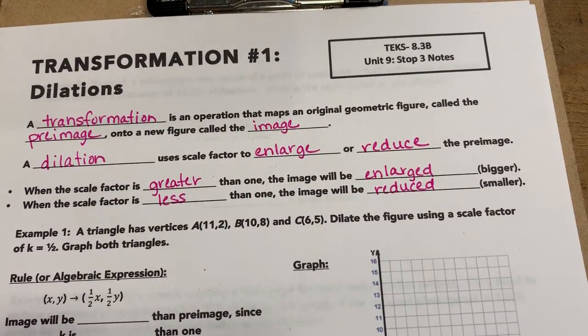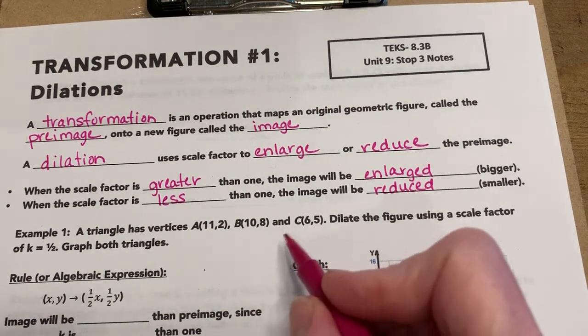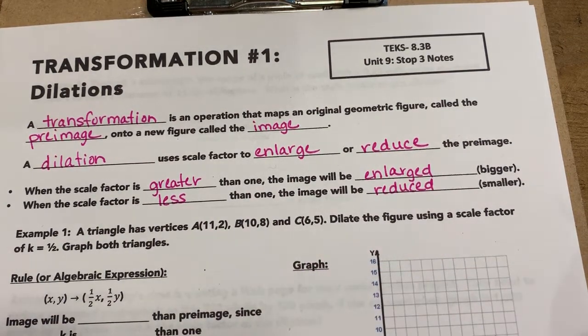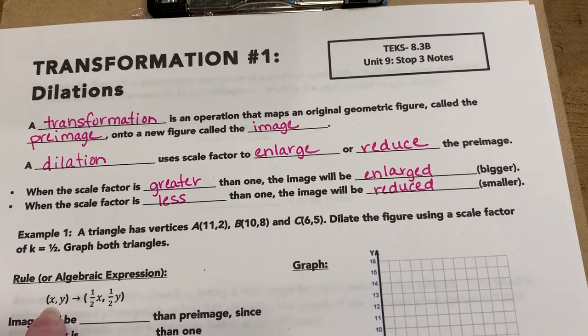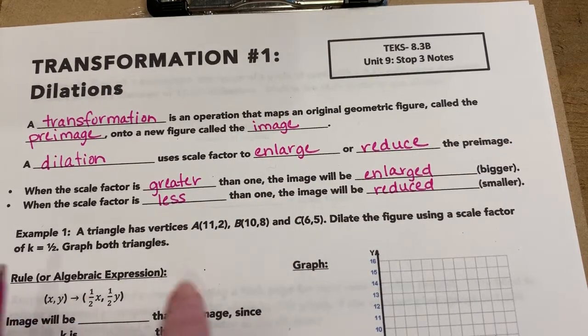In example 1, it says a triangle has vertices A (12, 2), B (10, 8), and C (6, 5). Dilate the figure using a scale factor of K equals 1/2. Graph both triangles. All right, so for each of these, you're going to see the rule or the algebraic expression, and this is just how you get from the point you're starting with, from (x, y), to the new point, okay, the dilated point.